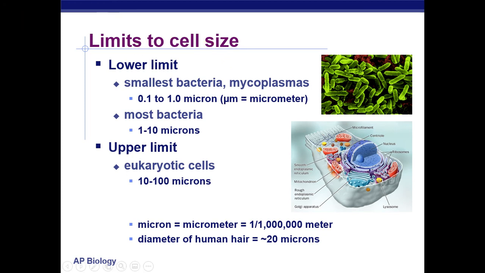The eukaryotic cells, which are bigger than prokaryotes, are between 10 and 100 microns, so about 10 times bigger than the biggest prokaryote, right? And there's not really any bigger than that, all right? And the idea is, why can't there be any larger than that?